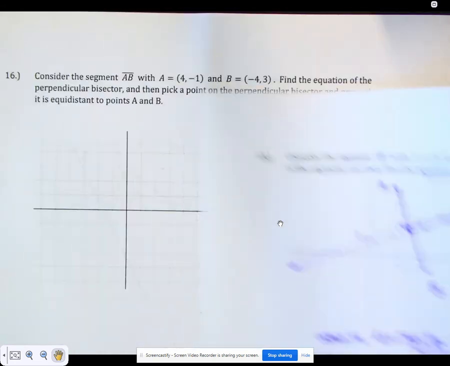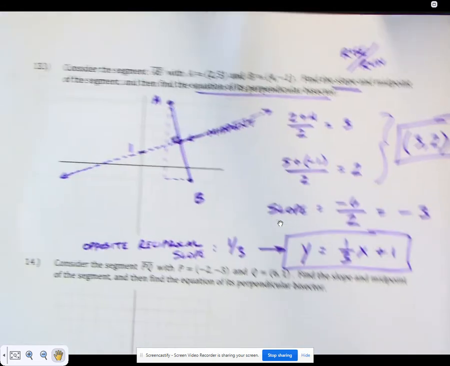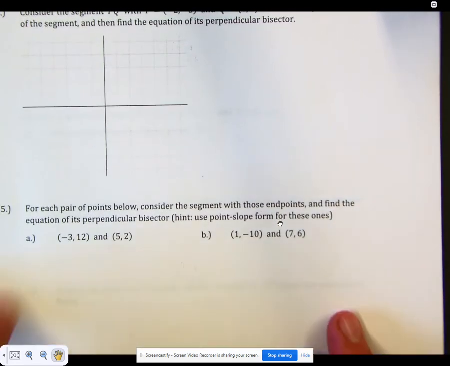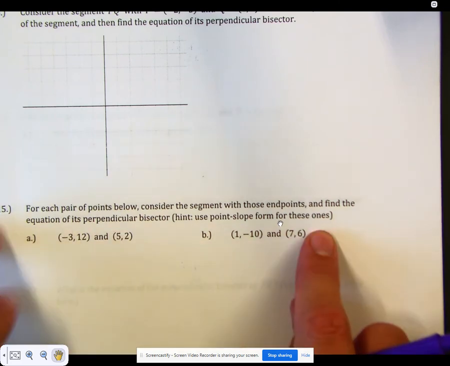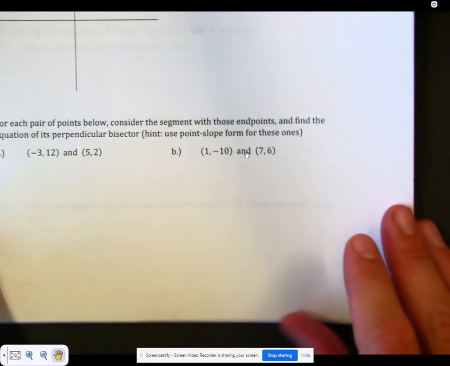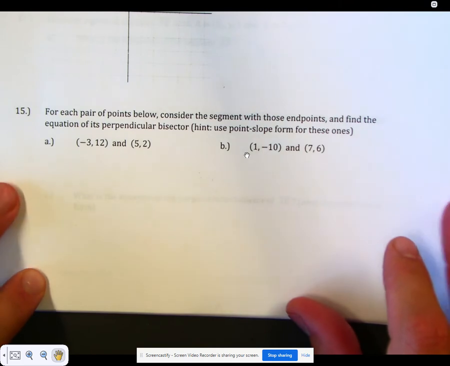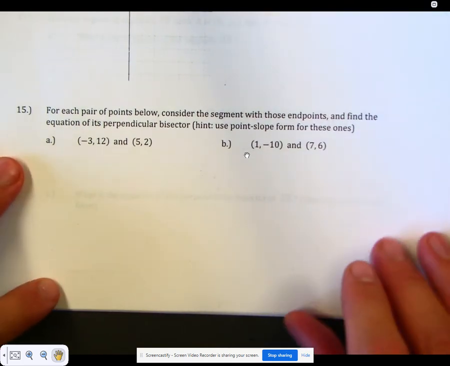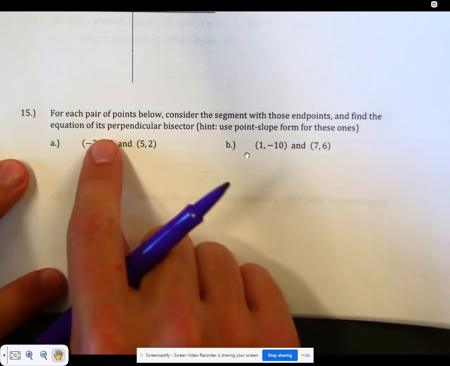Okay, so next, 15 is going to use point slope form, which is a way to write the equation of a line. So I'll show you what I mean here.